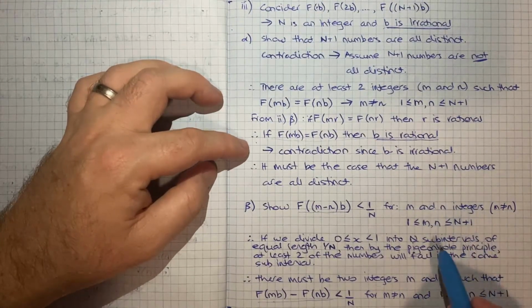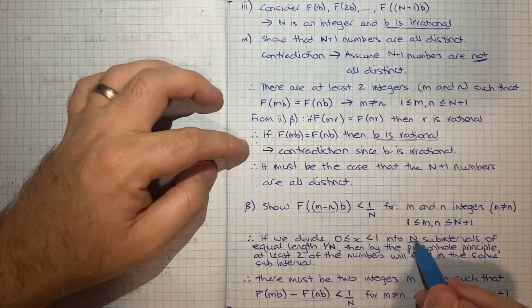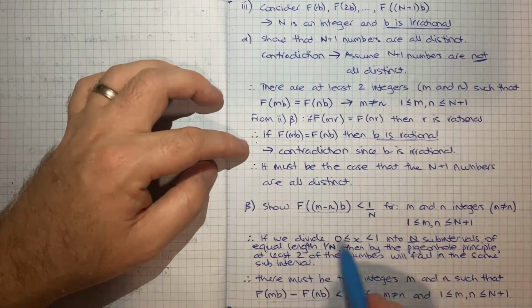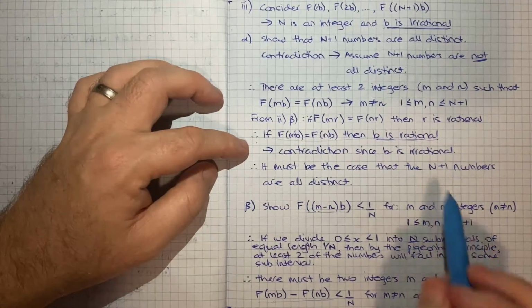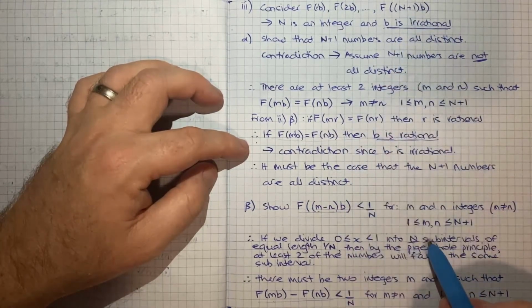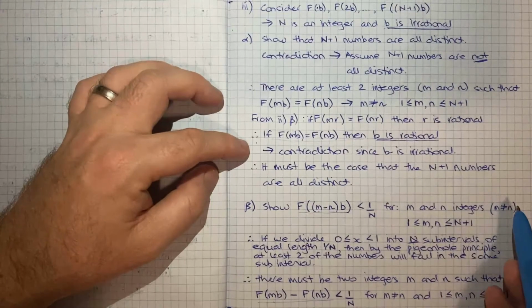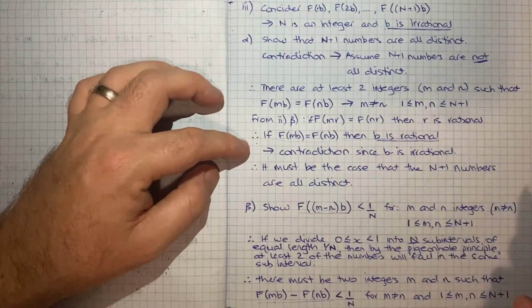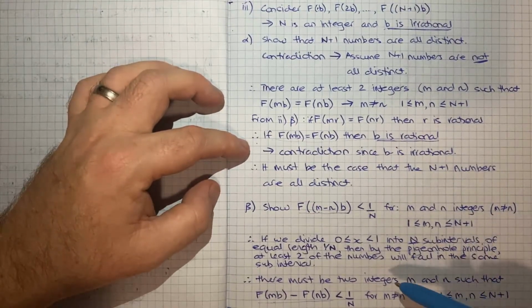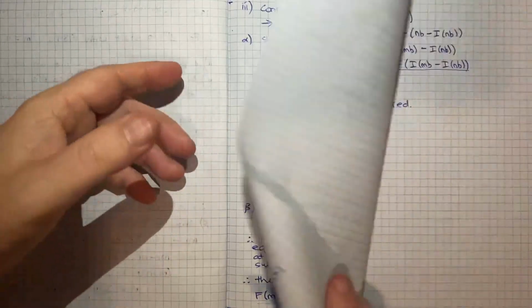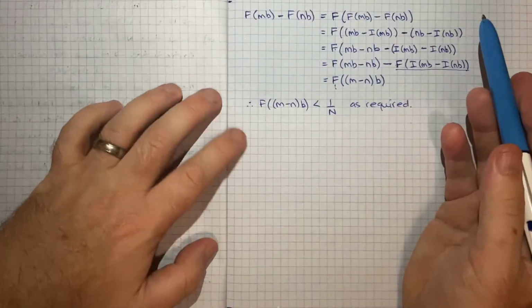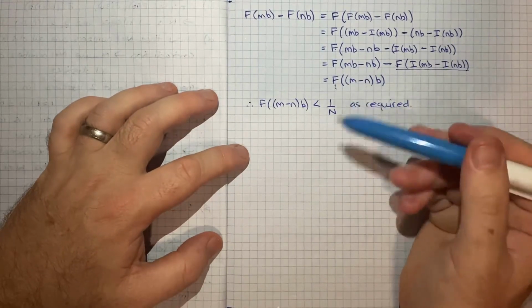I think the question writers were definitely trying to guide us there by telling us to divide into these n subintervals. Whenever you see n plus 1 items into n subintervals, hopefully the pigeonhole principle jumps out at you as being relevant, but maybe it wouldn't have jumped out to everyone. But nonetheless, that is how you tackle part 3, so hopefully that's all made sense.